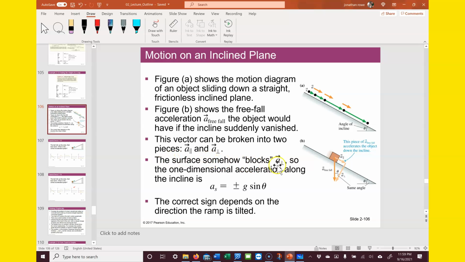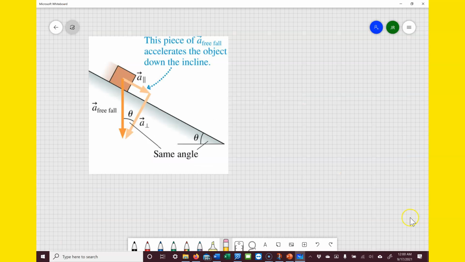The surface somehow blocks the perpendicular, so the one-dimensional acceleration along the incline is going to be determined by trigonometry, by this right triangle formed right here. Let me blow that up. So you can see in this triangle now, here is the right angle.